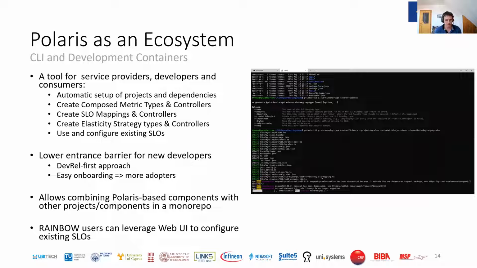The approach that we took, because we reused an existing CLI framework called the NX CLI, allows combining Polaris-based components with other projects or components in a monorepo, because NX is a popular monorepo manager. Last but not least, this is mainly targeted at developers and service providers who want to write new SLOs and configure them. Rainbow users can, of course, leverage the web UI to configure existing SLOs.